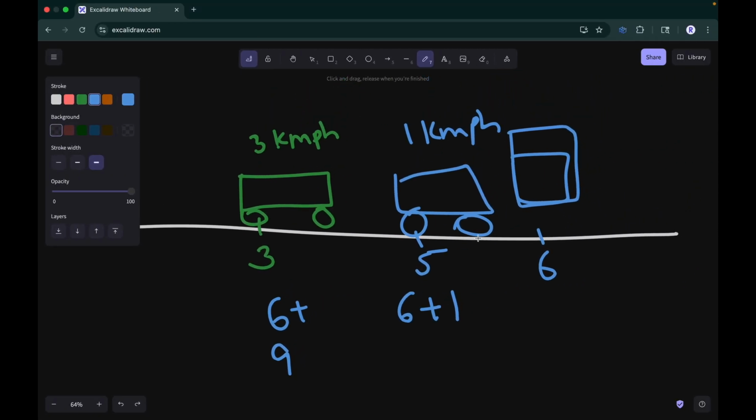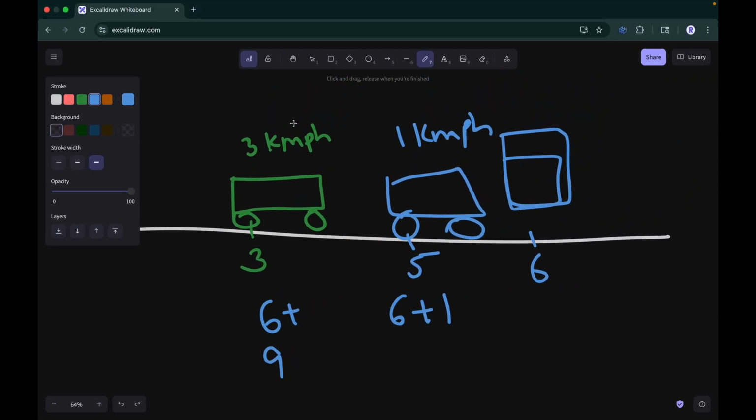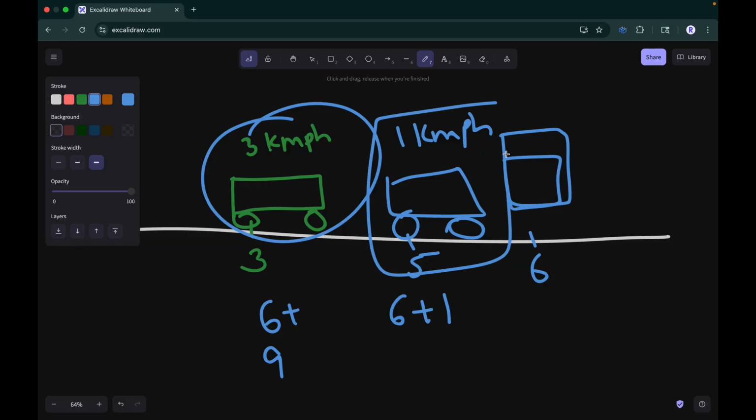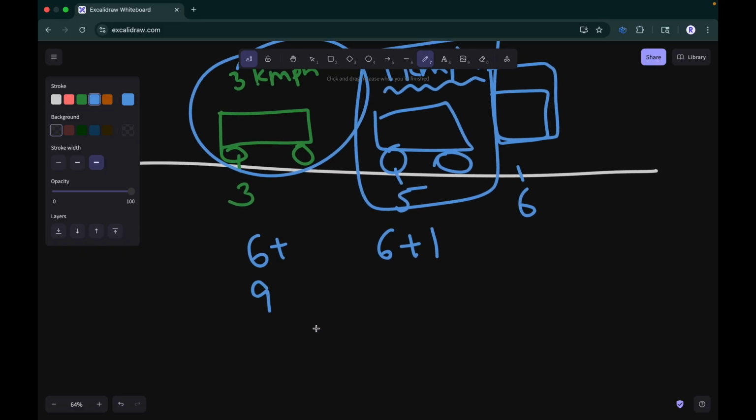So as soon as both of them reach 6, this car will slow down. After slowing down, it will travel at the same speed as the forward car, because it is driving at a slower speed. Cool? You can think of it as cars running on one lane.